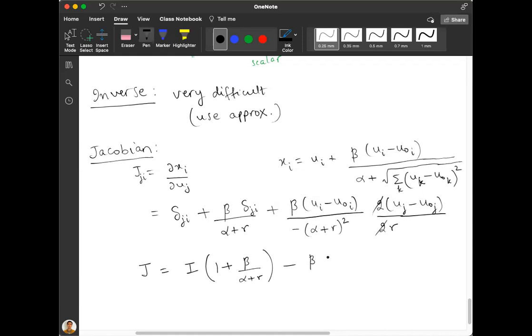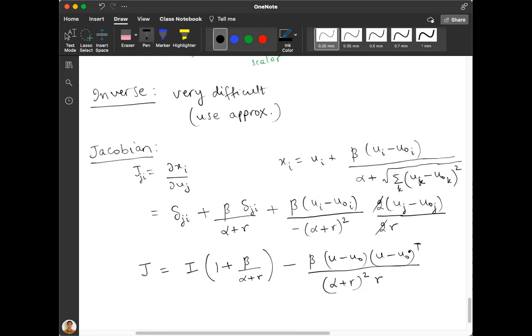So this is basically (u minus u_0) times (u minus u_0) transpose, a matrix, divided by (alpha plus r) whole square times r.